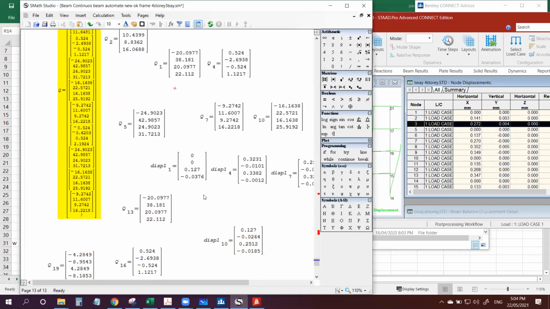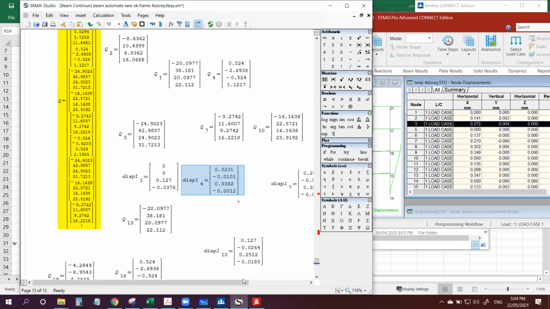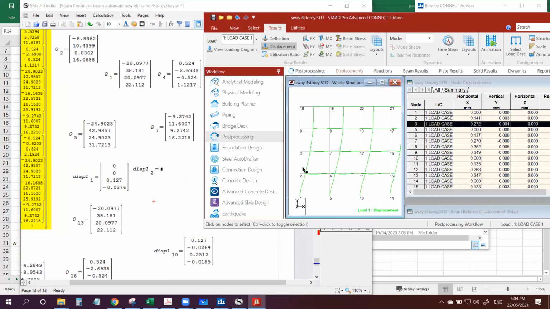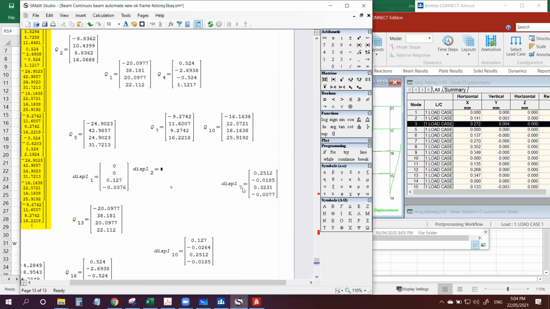And this is our displacement for member 1, member 2, member 1, 2, 3, 4. I'll output the displacements for 1, 2, 3, and 4. Okay, then calculate. Then compare with STAAD. I see.